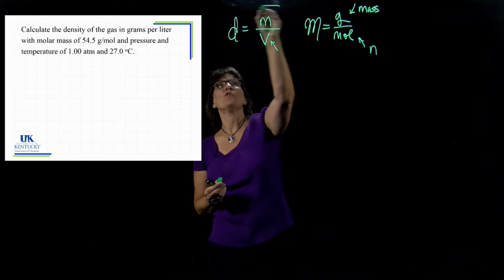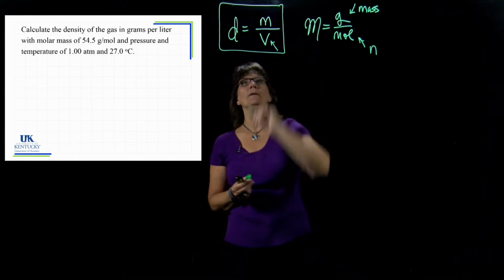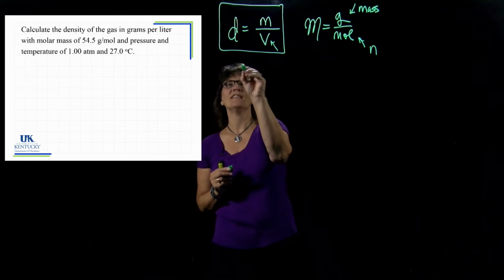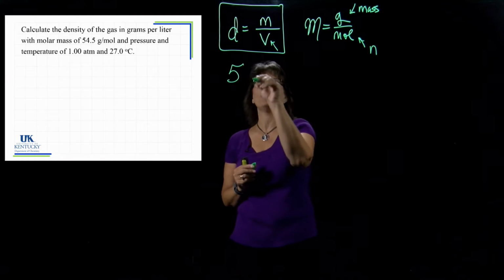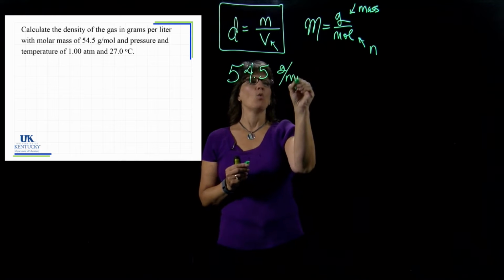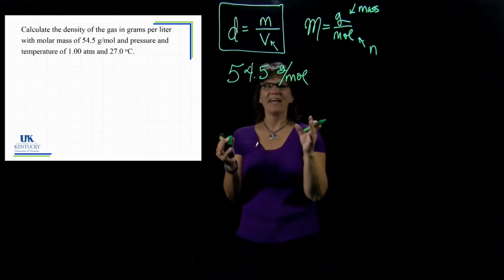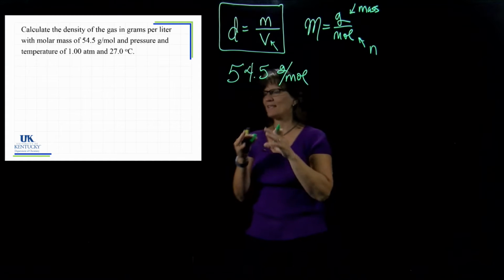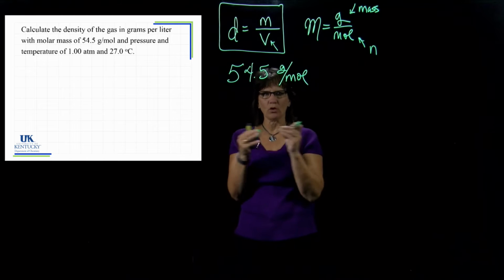So we're going to use this formula right here, okay? Now let's look at what they give me. They give me the molar mass, 54.5 grams per mole. What we can do is decide on what size sample we're having, because the density of a gas is the same whether it's a big sample or a little sample.